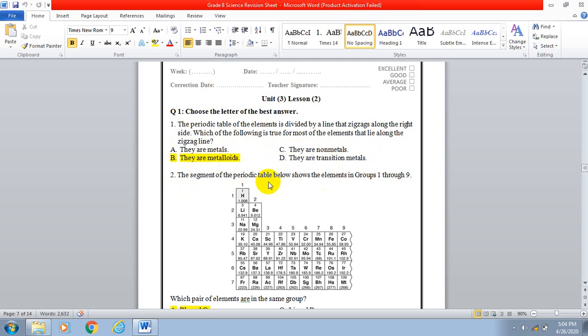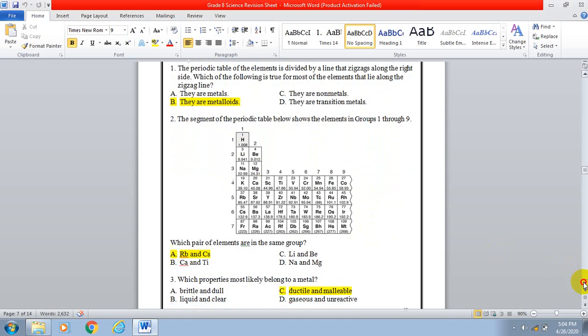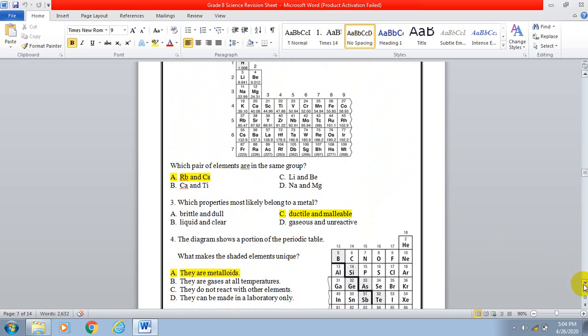The segment of the periodic table below shows the elements in group 1 through group 9. Which pair of elements are in the same group?